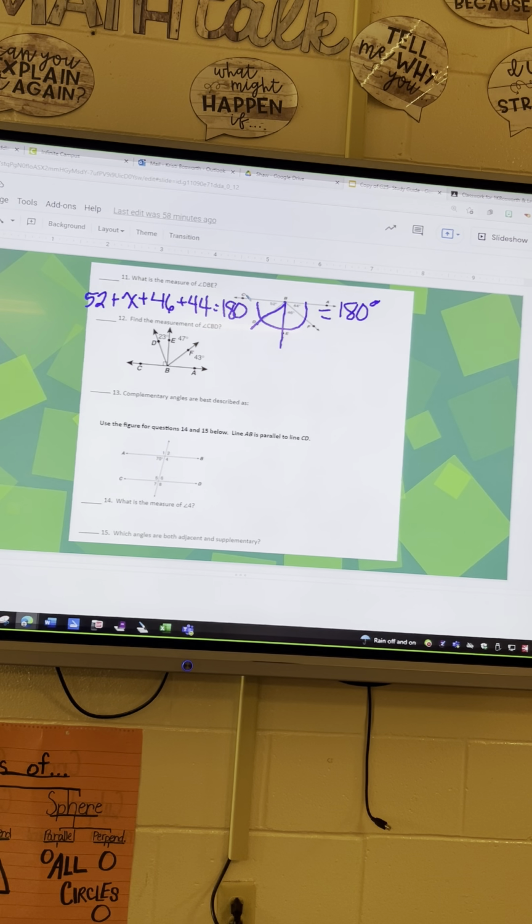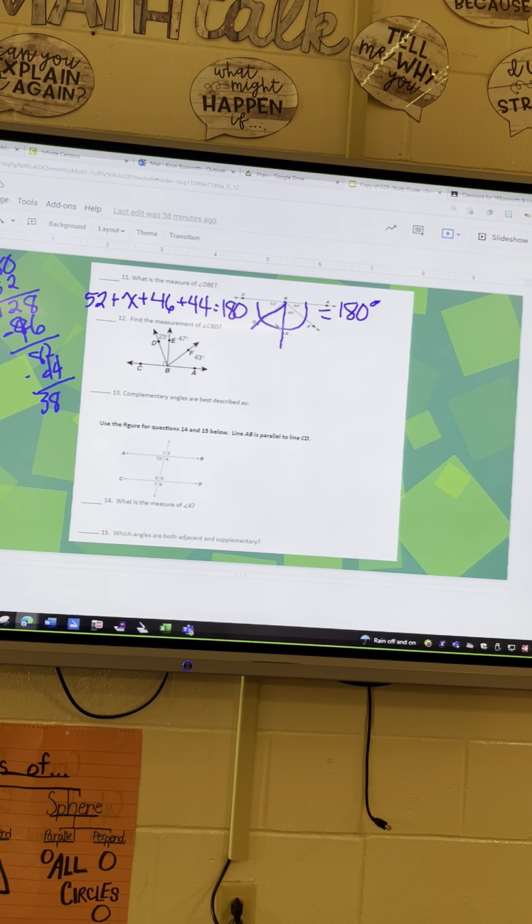Now, what I'm going to do in my calculator is put in 180, minus 52, and I get 128, minus 46, and I get 82, minus 44, and I get 38.